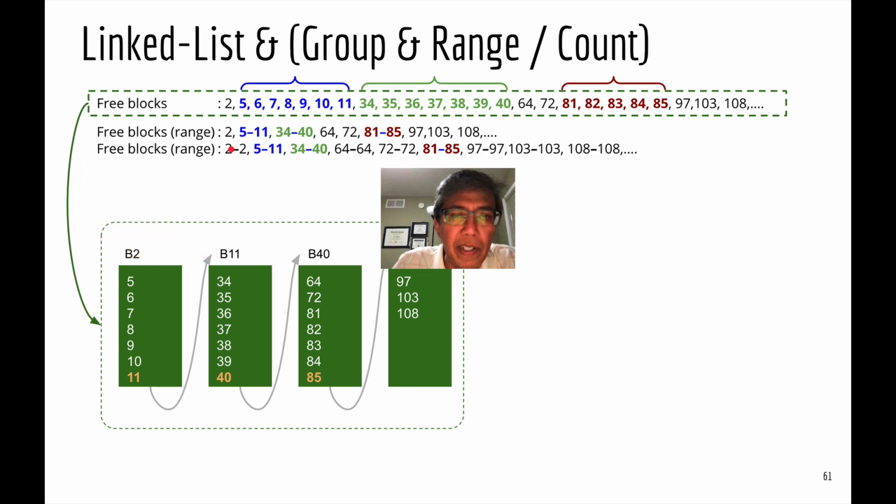To make everything look like a range, we can replace the singleton 2 with a range from 2 to 2, and 64 is now 64 to 64, and so on. So now each entry is a range of 2 numbers.